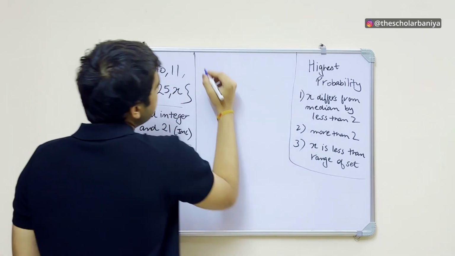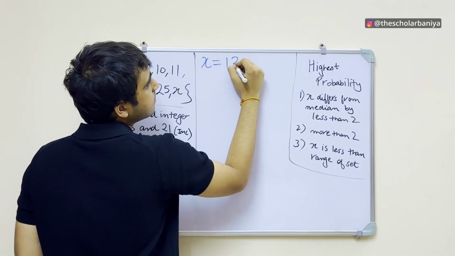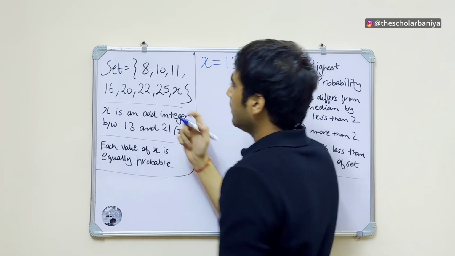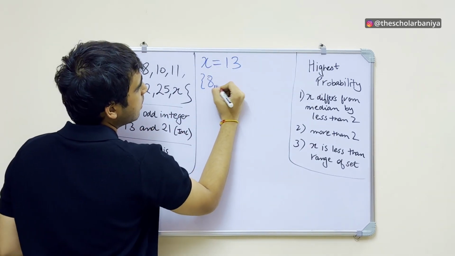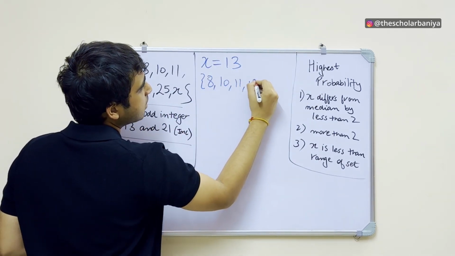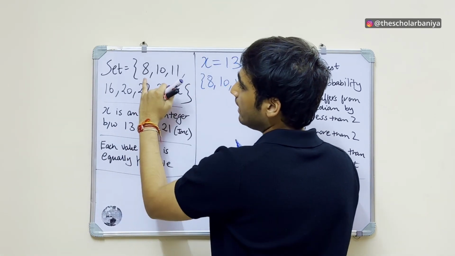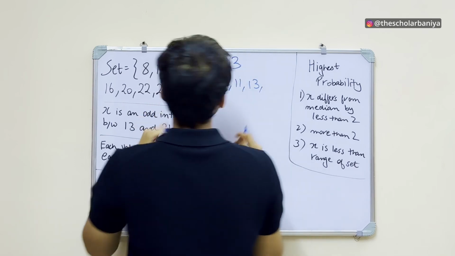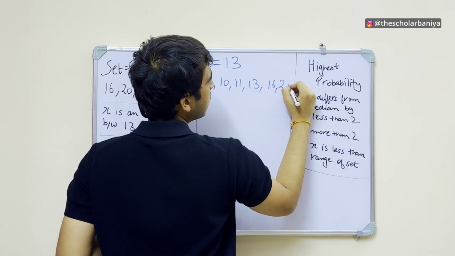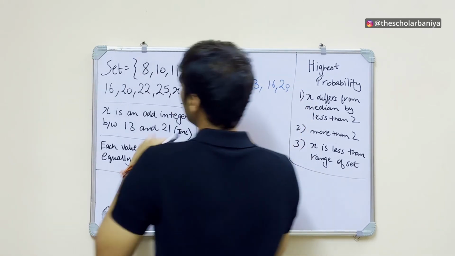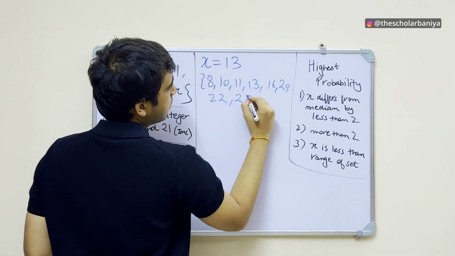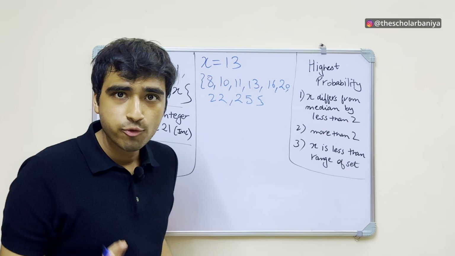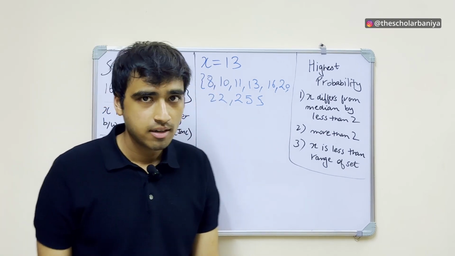So we take x equals 13, and the set becomes 8, 10, 11, 13, then 16, 20, 22, and 25. I hope this is clear. So this is the new set that has been formed based on the value of x.